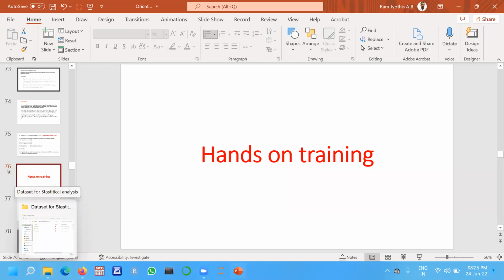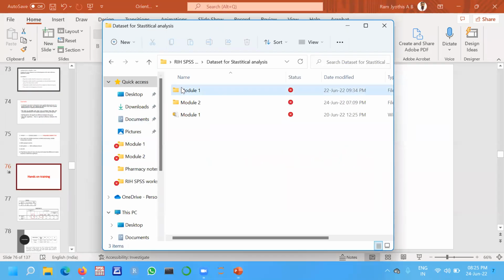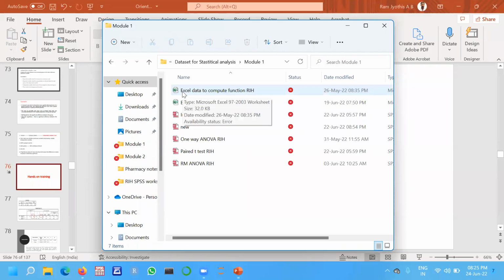Those who have installed SPSS and the data set, please take the data set, module 1. The first one is the independent t-test. Double click on that.